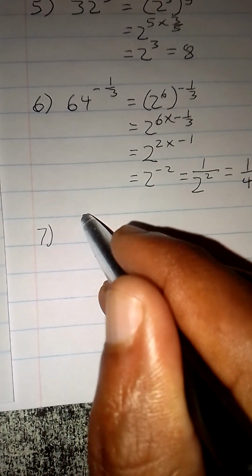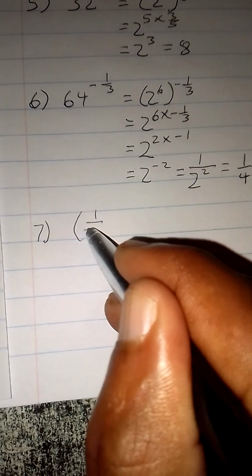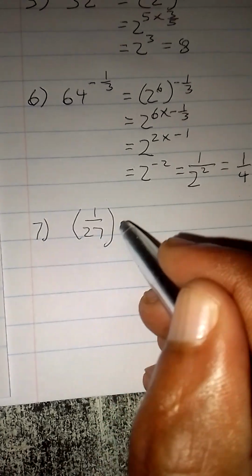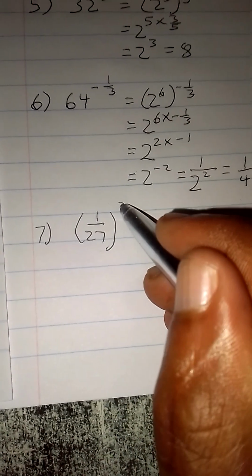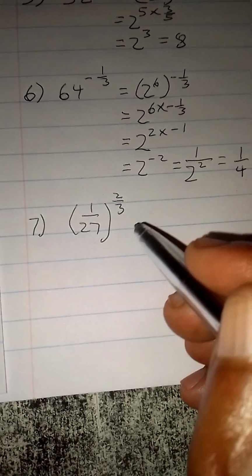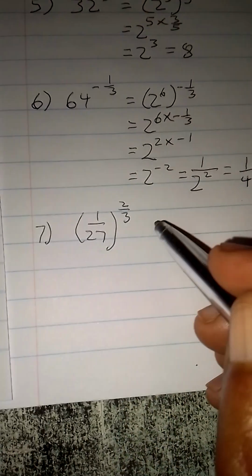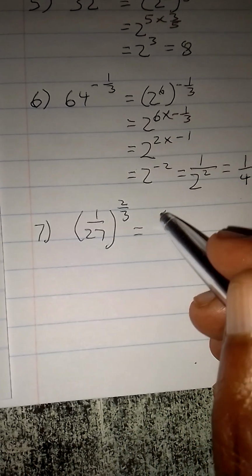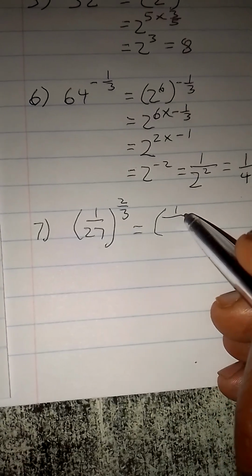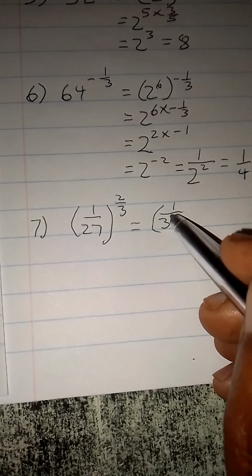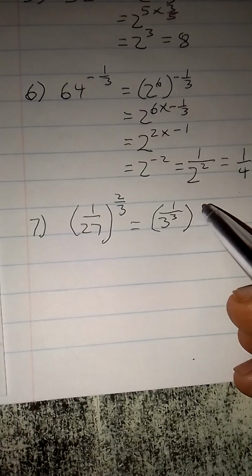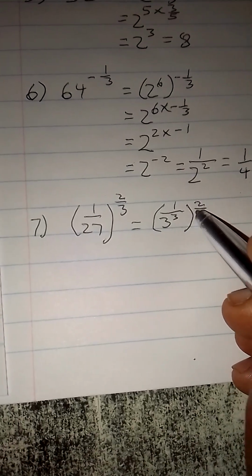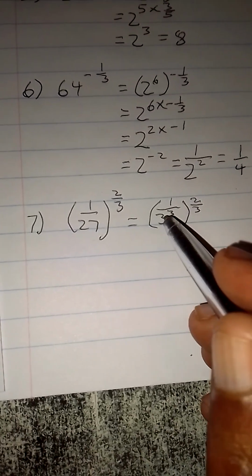Our number 7 is 1 over 27 to the exponent 2 over 3. Let's change 27. 27 is 3 cubed, so it's 1 over 3 cubed, to the exponent 2 over 3.